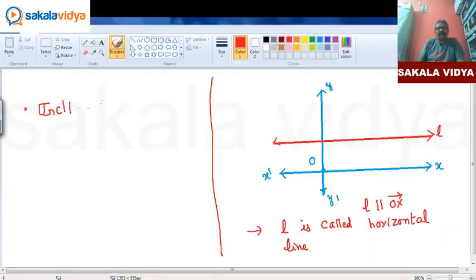Now, for example, you take a line parallel to the y axis, you draw like this. See, this line is M. This is making 90 degrees with x axis. Now this M is called a vertical line.